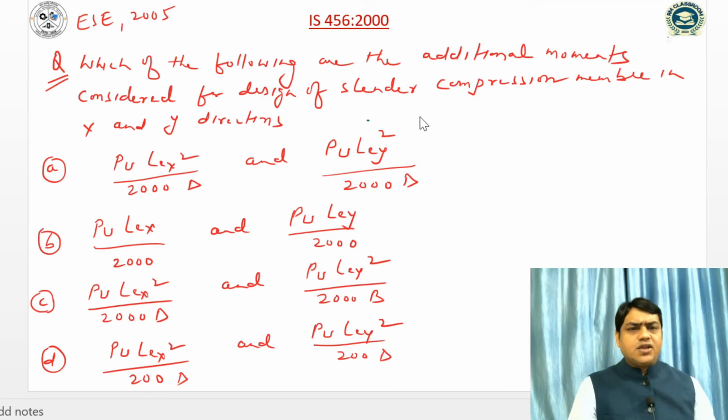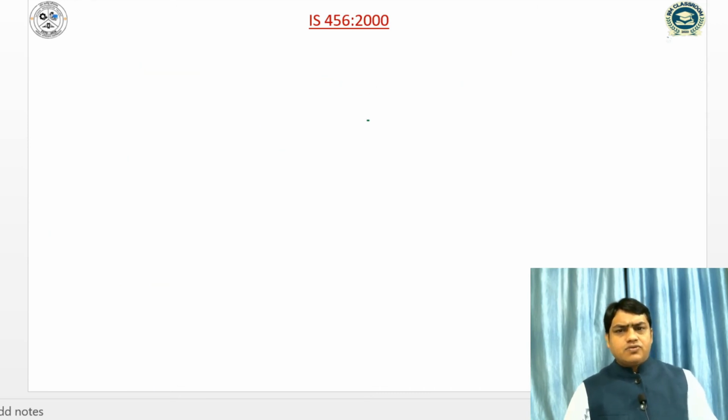Which of the following are the additional moments considered for design of cylinder compression member in X and Y direction? This question was asked in ESE 2005. We have seen that the additional moment in X direction, MAX, is equal to PU into D by 2000 into LEX by D whole square.